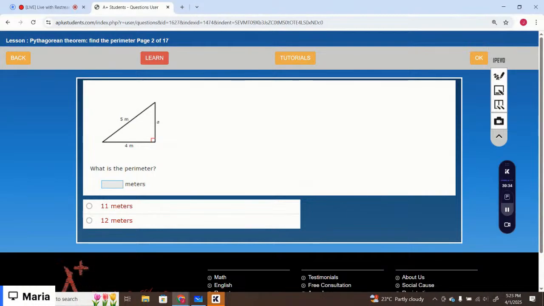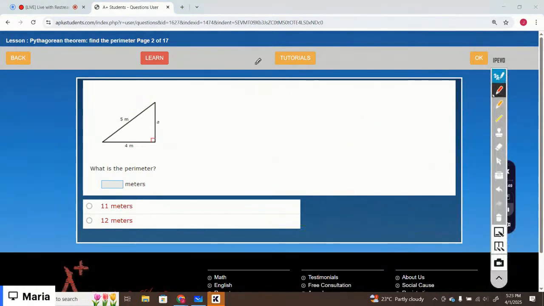What is the perimeter? Let's just calculate the side length. 5 square equals 4 square plus a square. A square equals 25 minus 16. That is 9.